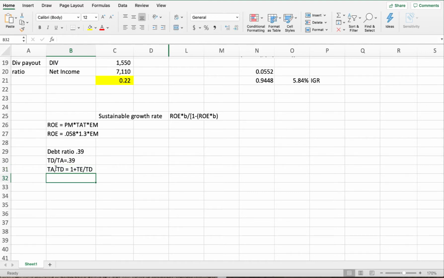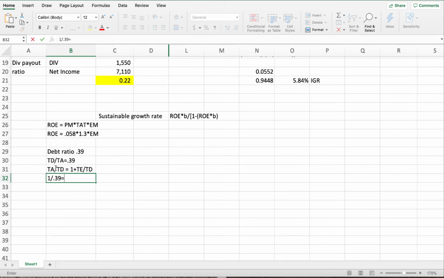So we can take that and then kind of reorganize things, so to speak, okay? So we're going to start off and say, okay, 1 over 0.39 equals my total assets over my total debt, right?